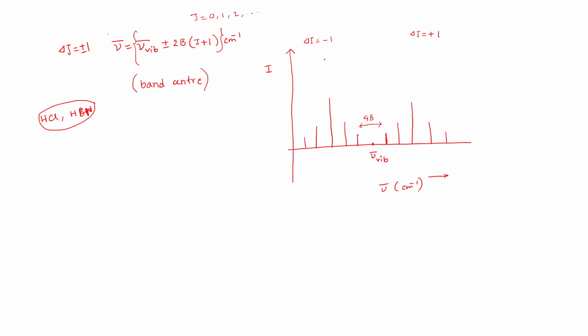P branch, I forgot actually. Delta J equals minus 1, yes, this one is the P branch. And delta J equals plus 1 is the R branch, right? Yes.